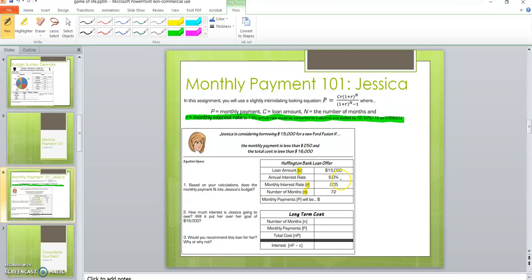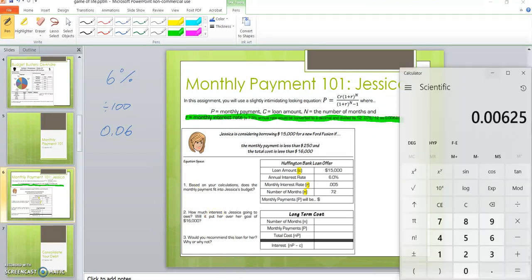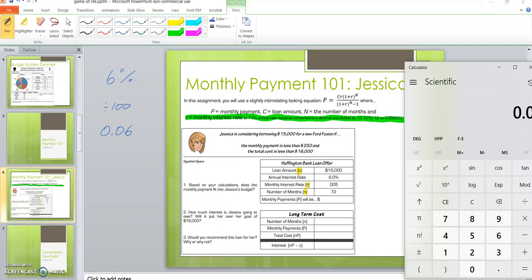Jessica's annual interest rate is 6%, and how we got to the monthly interest rate was we started with 6% and divided it by 100 to get our decimal, which is 0.06. Then if we divide 0.06 by 12, you'll see that the monthly interest rate is 0.005.